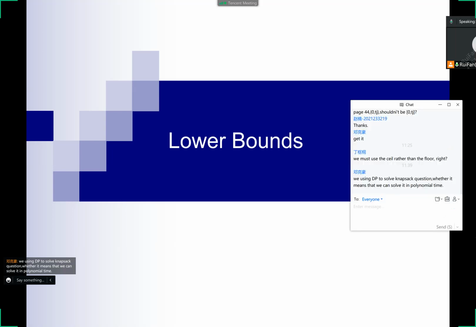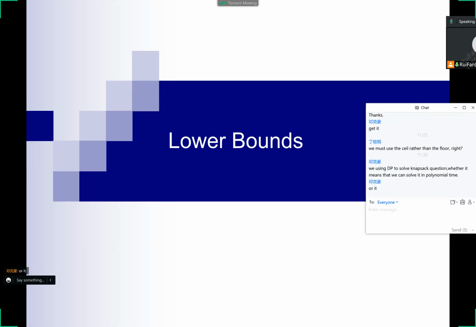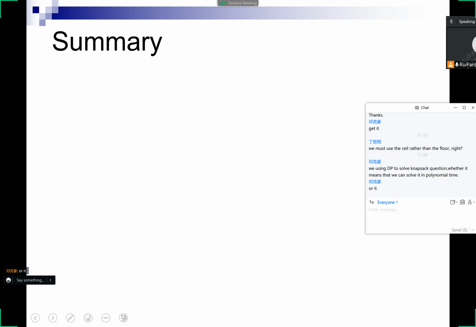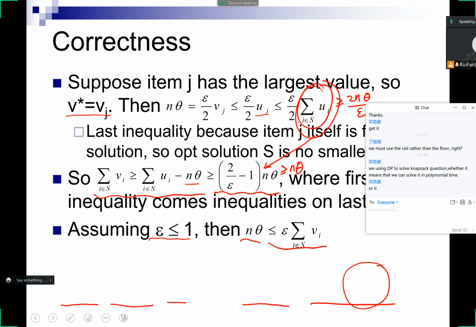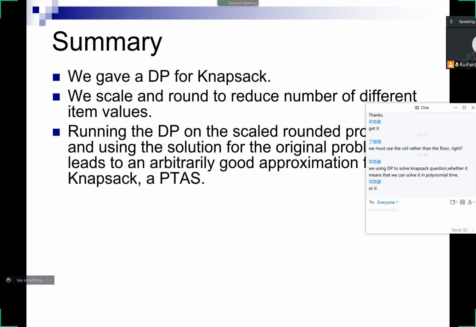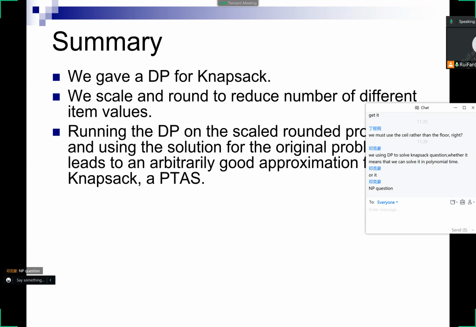We are using the LP to solve knapsack, whether it means we can solve it? Well, it depends on what you mean by polynomial time, because our running time is n cubed divided by epsilon. So if you use a constant epsilon, let's say 0.01, like 1%, then your running time is just 100 times n cubed. That would be a polynomial running time.